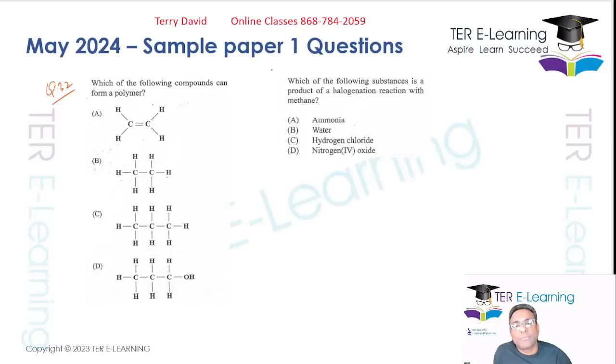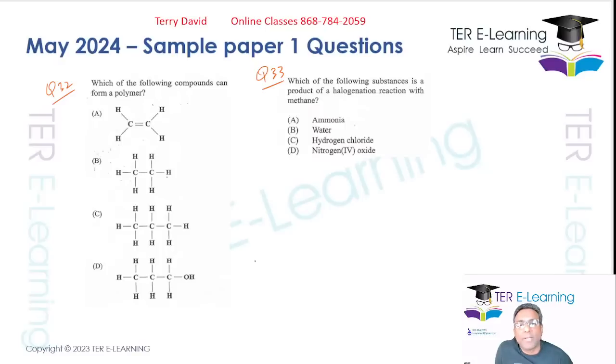Question 32. Which of the following compounds can form a polymer? People are saying A is the answer.